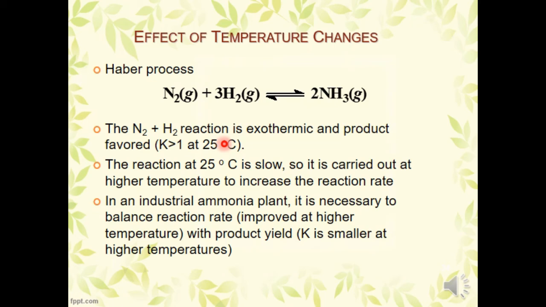When we speed up the reaction by increasing the temperature, the value of K, the equilibrium constant, will be lowered. When it's lowered, it would not favor formation of product, but it will go to the reactant side. So that's why this reaction needs to have pressure as well as a catalyst.